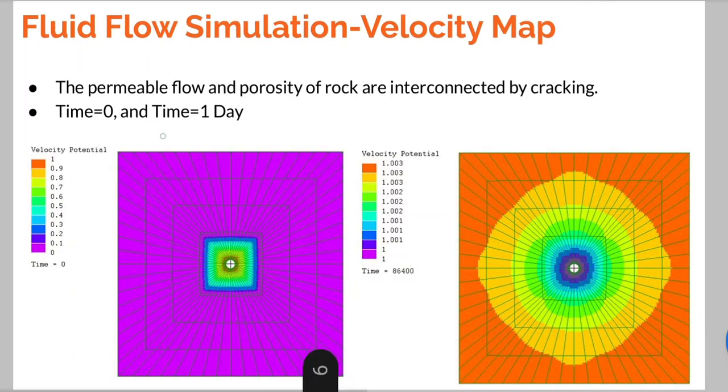The velocity map, or the fluid flow simulation velocity map, is shown in these figures. For the porous media, the permeable flow and porosity of rock are interconnected by cracking. We have two cases: time 0 and time 1 day.